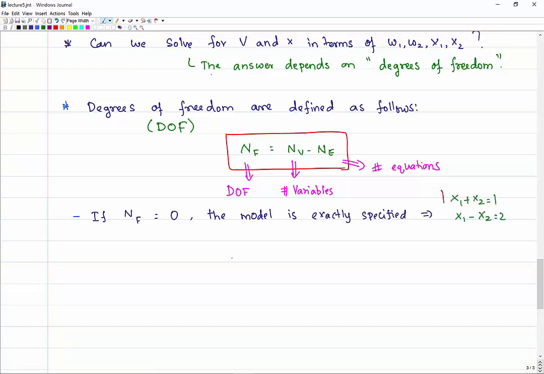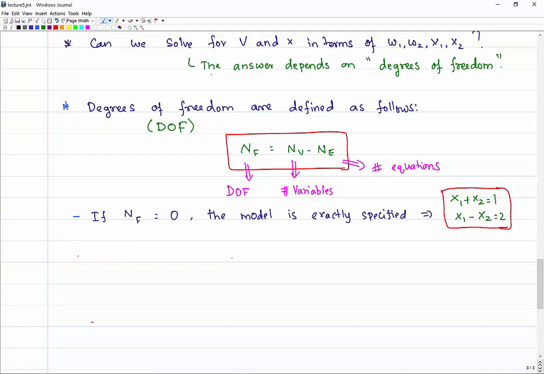And that is similar to having two equations, x1 plus x2 equal to 1 and x1 minus x2 equal to 2, and wanting to solve for x1 and x2. Clearly, these two equations are independent and there is a unique pair x1, x2 that satisfies these two equations. Therefore, the model is well specified.